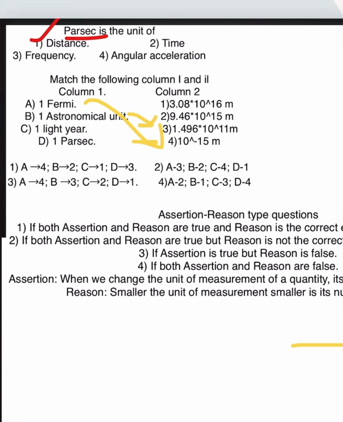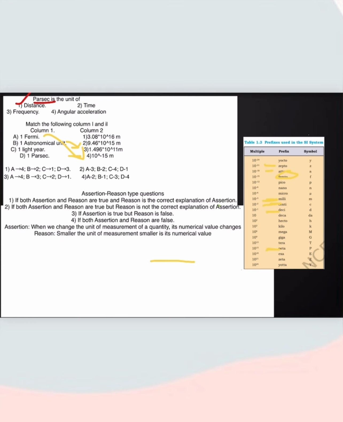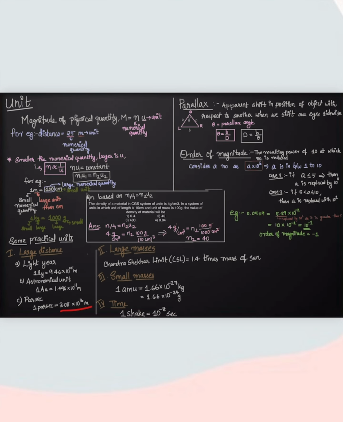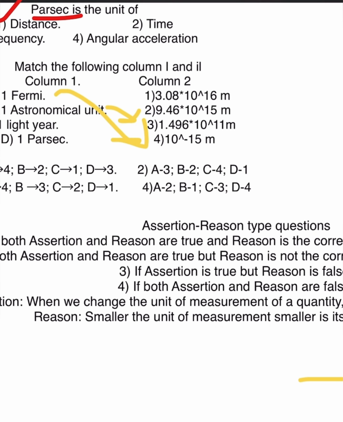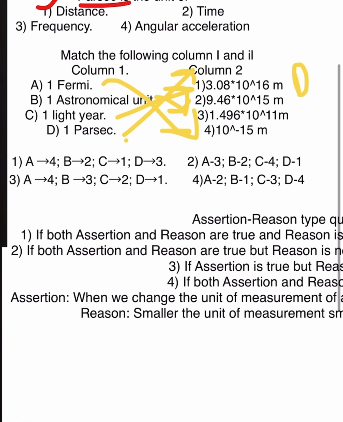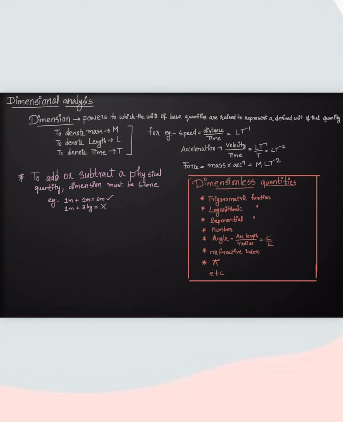And 1 light year will be 9.46 into 10 raised to 15 meter, and 1 parsec is equal to 3.08 into 10 raised to 16, this will be option D. Option A will be equal to 4, and option B, 1 astronomical unit is 1.496. B3, A4, B3. Option 3 is the correct answer, C2.